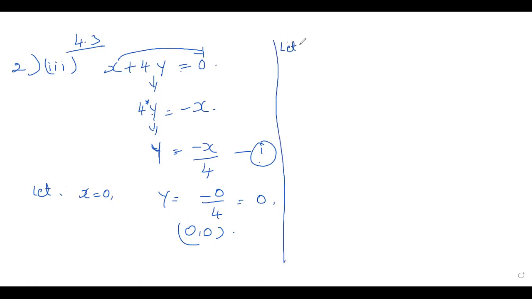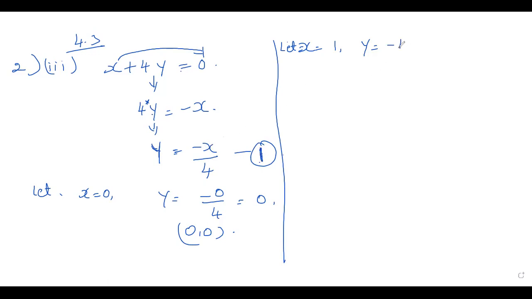And second one, let x is equal to 1. Then y is equal to, we are substituting the value of x in equation number 1, children. So x is 1 we have taken.